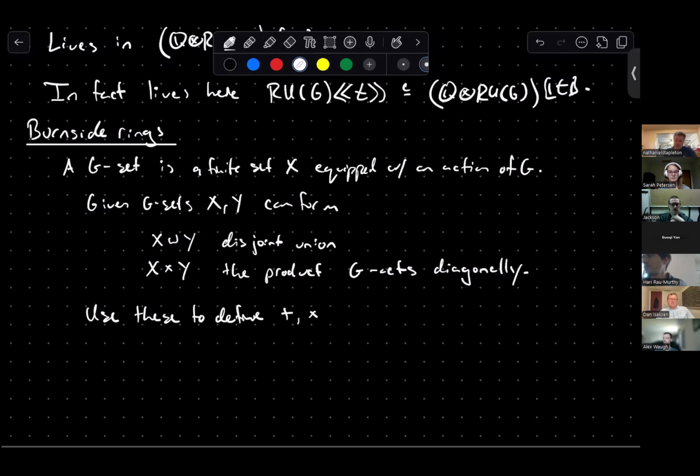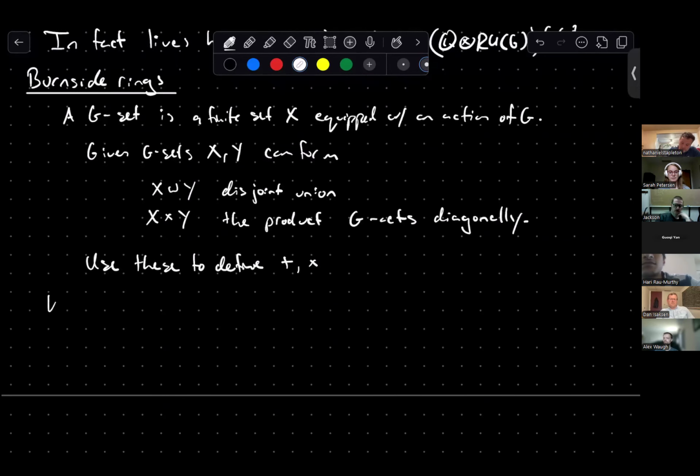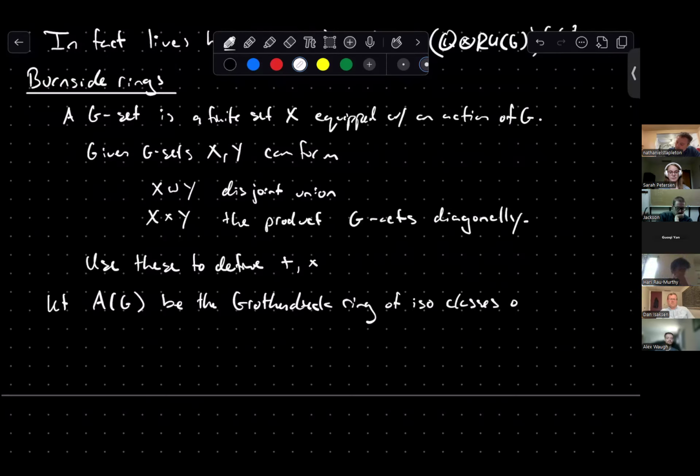And so since we have this structure, once again, we can throw in the additive inverses that are missing to turn this into a commutative ring. And this gives us a ring A of G. This is the Grothendieck ring of isomorphism classes of G-sets under the plus and times described above.